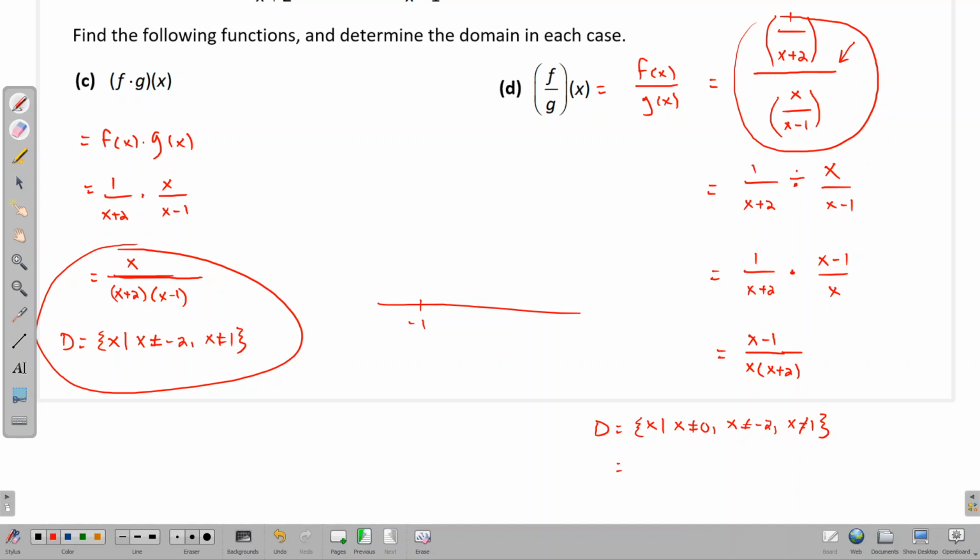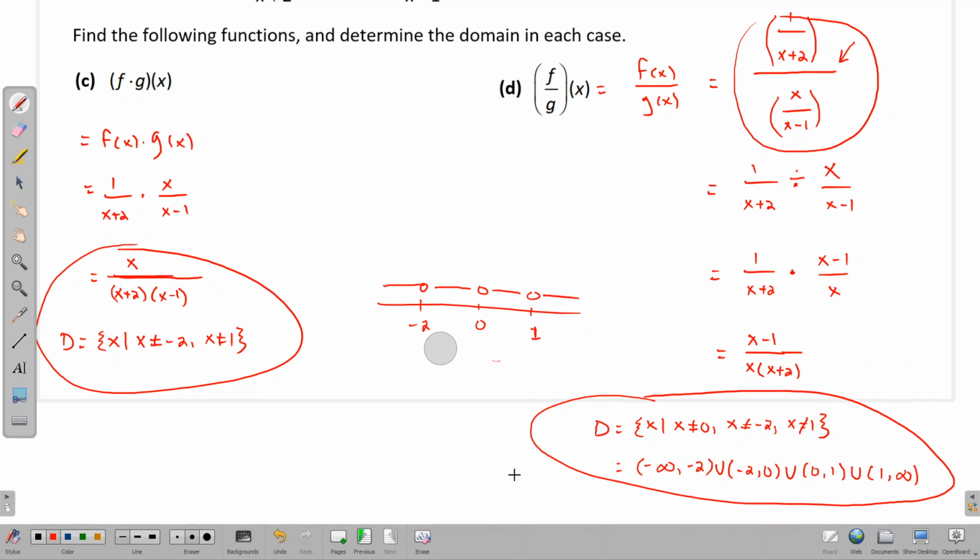We've got -1, 0, and, oh, sorry, I got those backwards. It was -2 and +1. Okay, so we're going to write it as an interval. It's just those three numbers thrown out. So you've got 4 intervals here: -infinity to -2, union -2 to 0, union 0 to 1, and then union 1 to infinity. So those would be the 2 different ways that you could express that domain.